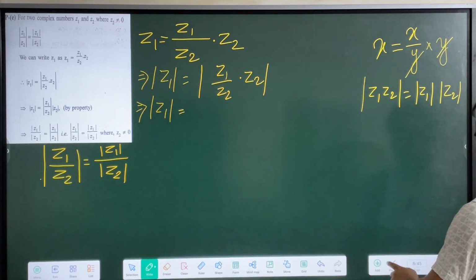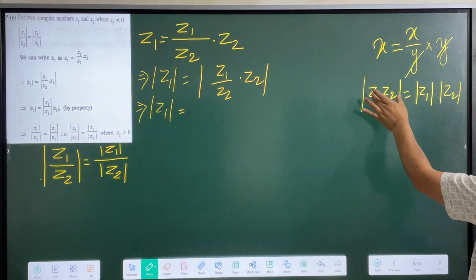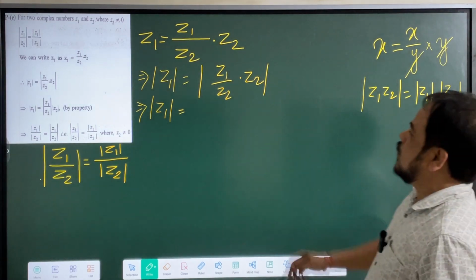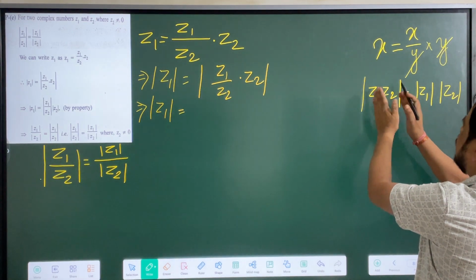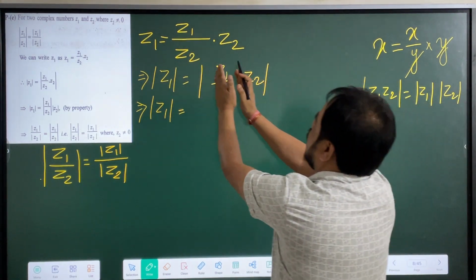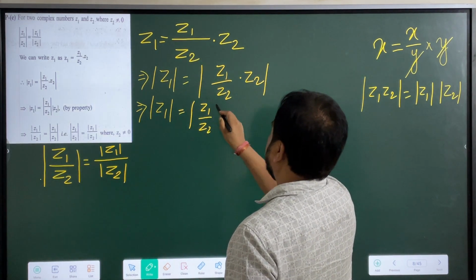We know this already; we have got it here. So modulus of Z1 into Z2 equals modulus of Z1, modulus of Z2. That means for two complex numbers, multiplication of two complex numbers, if it is together, we can write it separately. So here also we will write separately. I hope you understand.